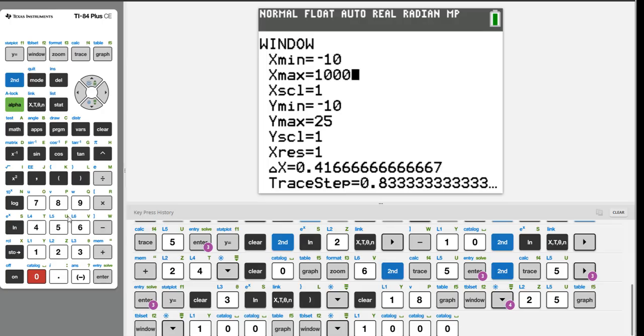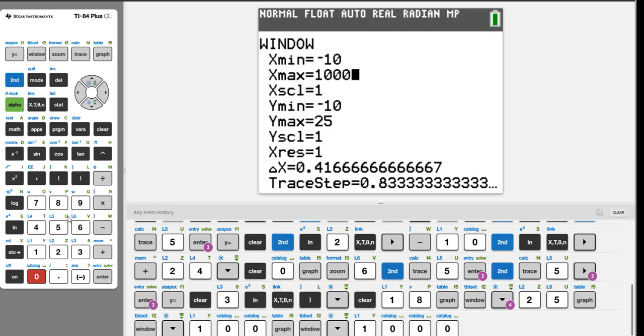Notice that I took x max from 10 to 100 and then from 100 to 1,000. My next increase, if I need one, will be to 10,000, then 100,000, etc. When dealing with logarithms, you don't want to make an increase by the same amount each time, like going up by 10, or it could take you a long time to find a good window.